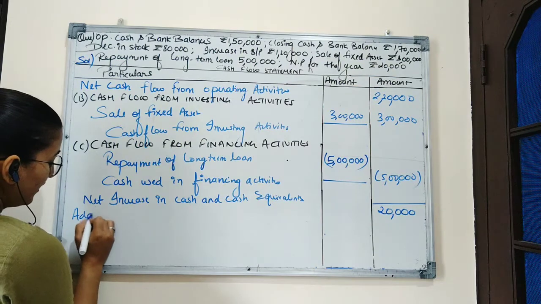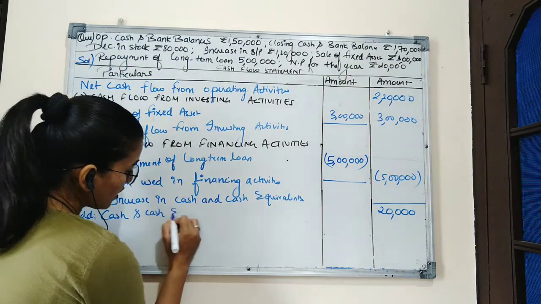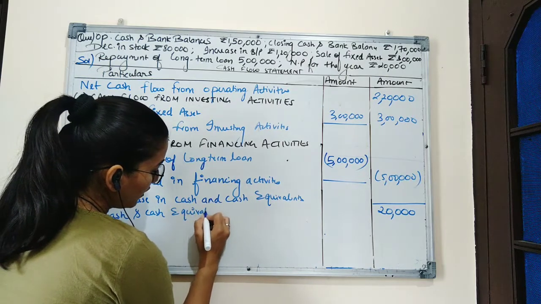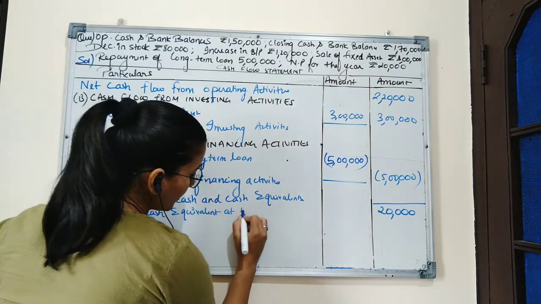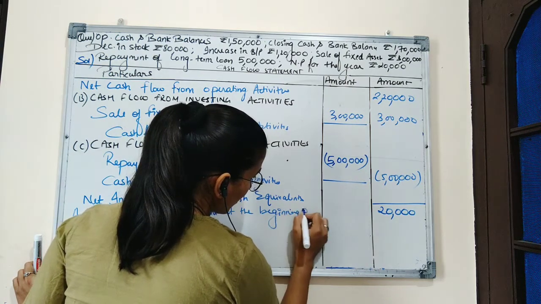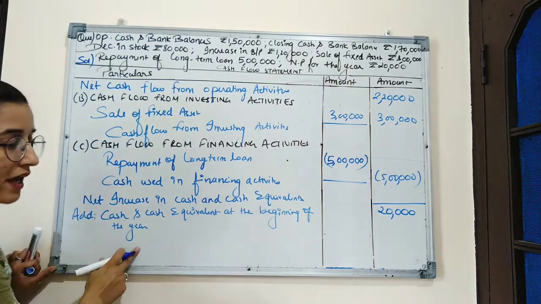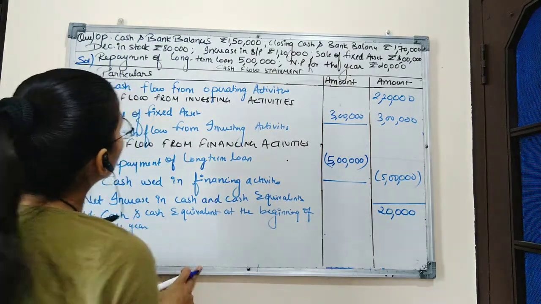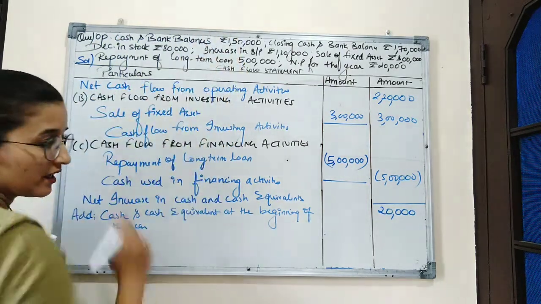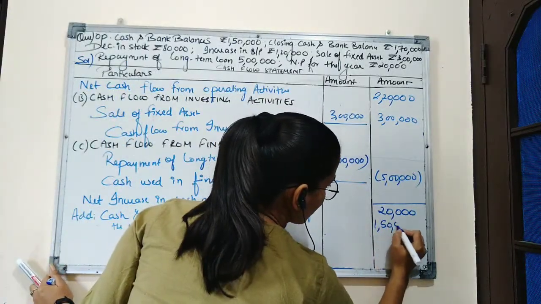Now we will add cash and cash equivalent at the beginning of the year. So cash and cash equivalent at the beginning of the year is 1,50,000. So we will add 1,50,000 here.